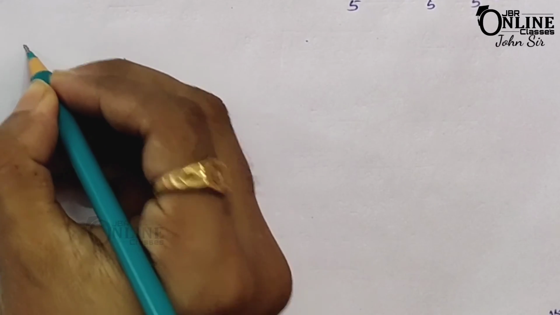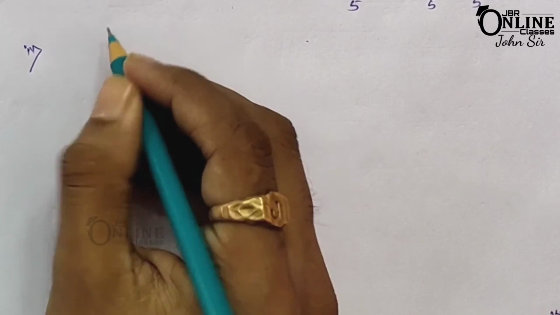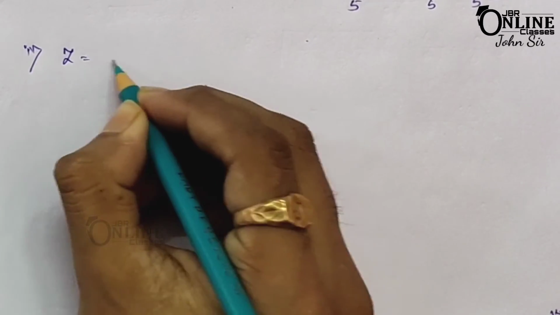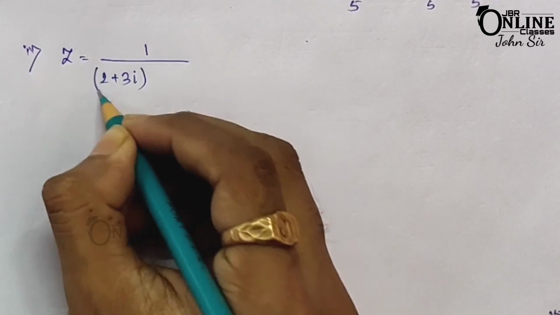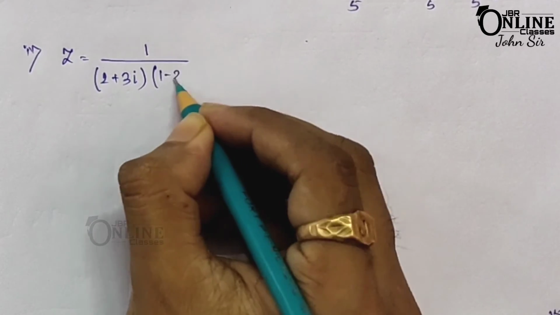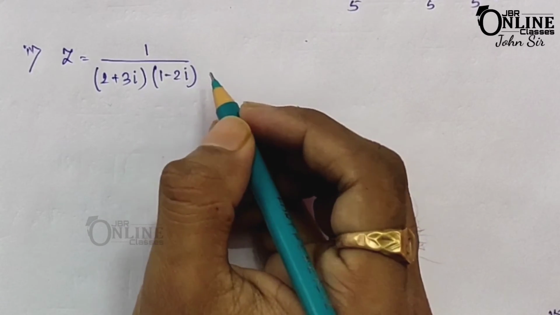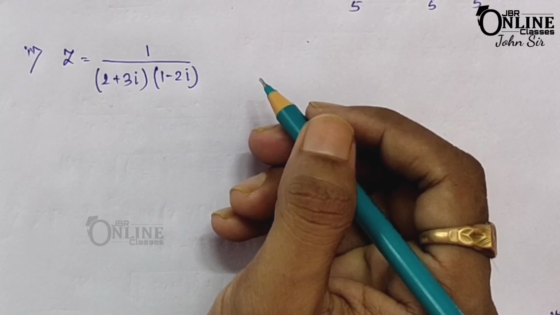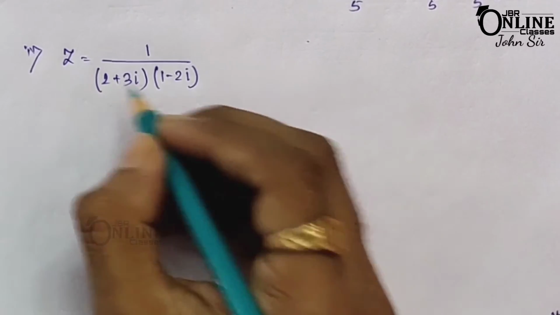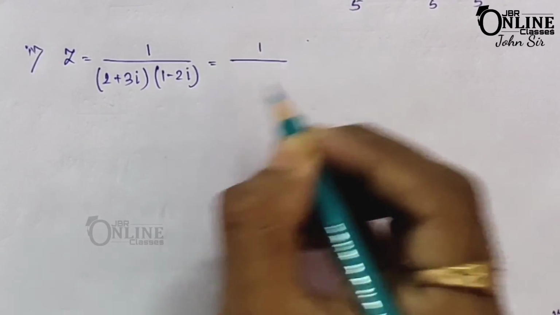Now sum number 4. So here in sum number 4, z equals 1 by 2 plus 3i into 1 minus 2i. So first you have to multiply these two complex numbers.